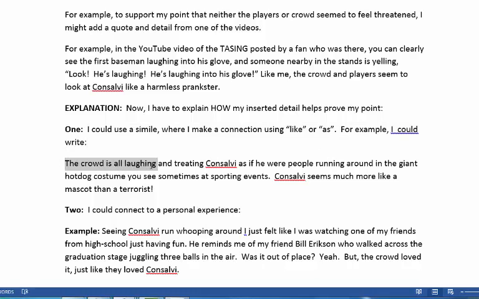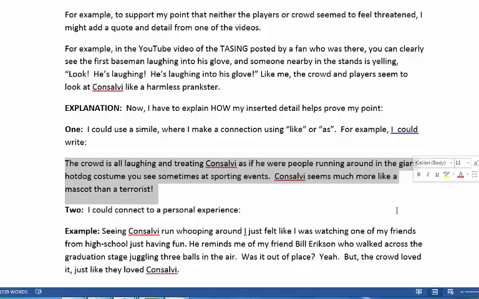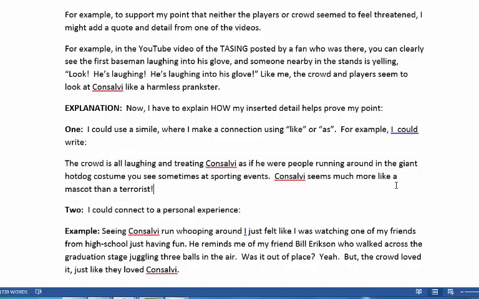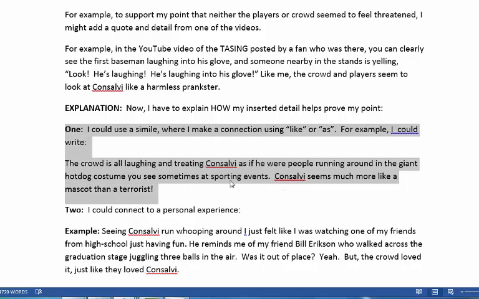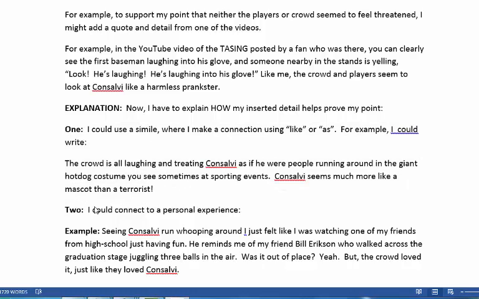For example, I could say this: the crowd is all laughing and treating Consalvi as if he were running around in the giant hot dog costume you sometimes see at sporting events. Consalvi seems much more like, there's your simile, a mascot than a terrorist. So again, one thing I could do for this explanation part of the paragraph is add a simile.